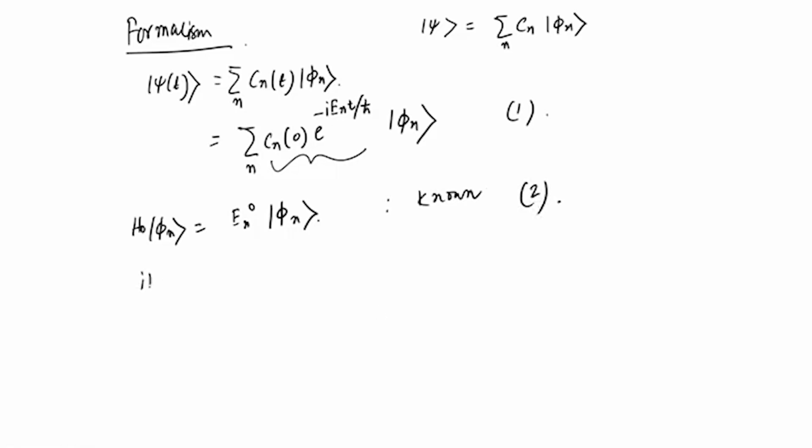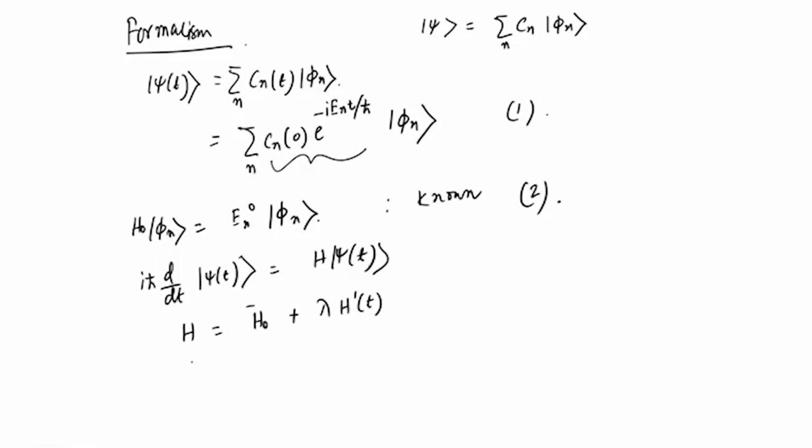And so we have to solve this equation, which is i h cross d/dt of psi of t equal to H psi of t, and this H can be split into a time independent part, which is the unperturbed part of the Hamiltonian H 0, and a lambda H prime of t, which is explicitly dependent on time.